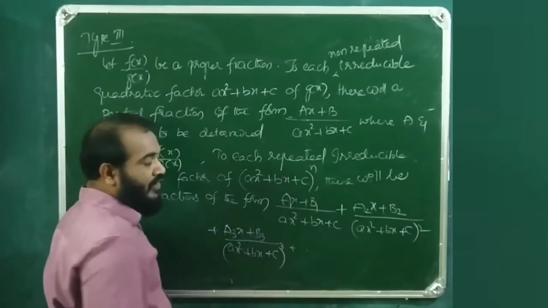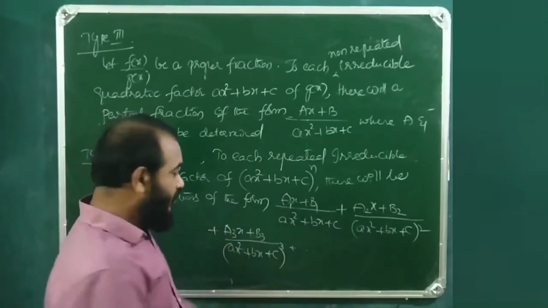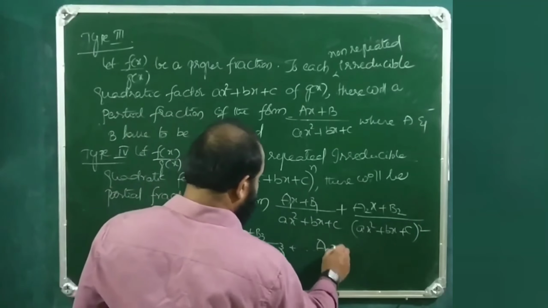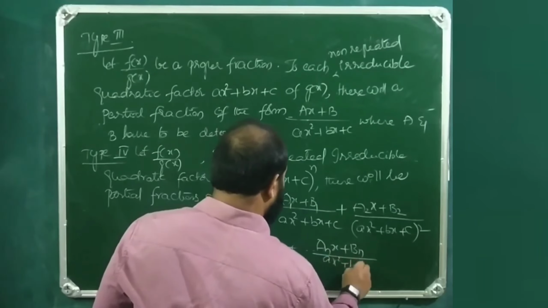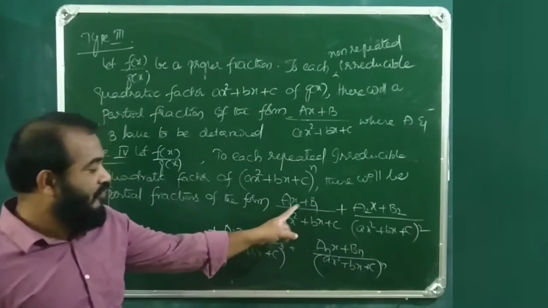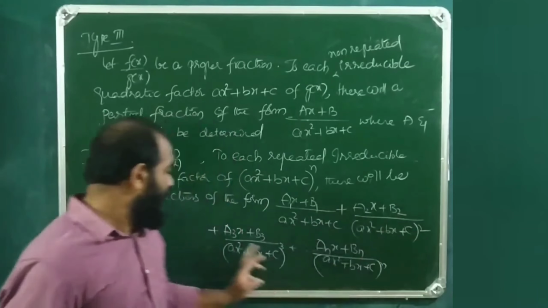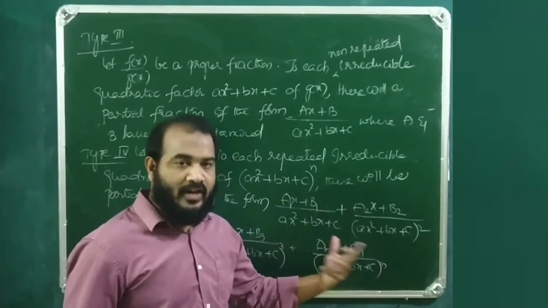Since the power is n, this is n times repeated. So this is anx plus bn by ax square plus bx plus c whole power n, where a1, b1, a2, b2, a3, b3 and so on up to an, bn are to be determined.